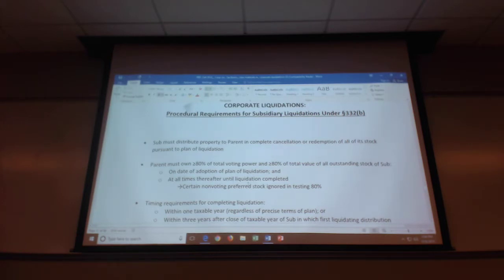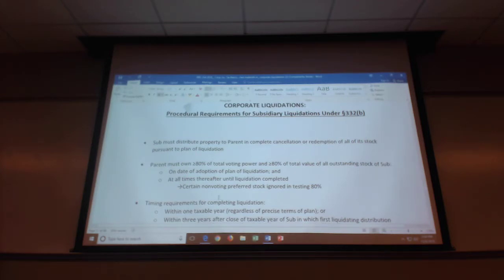Parent has to own at least 80% of voting power and at least 80% of the value of all the stock. But it has to meet those thresholds on, basically, I shouldn't say two separate dates. Initially, at the time it adopts a plan of liquidation, and at all times continuing until the liquidation is completed.